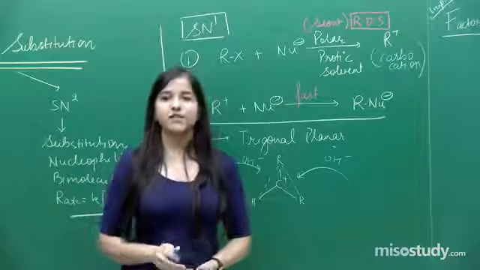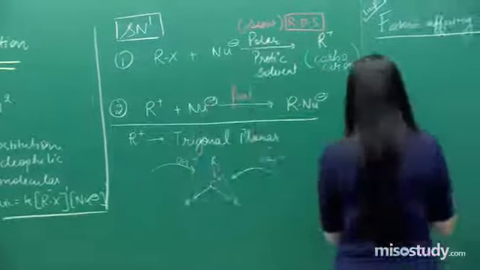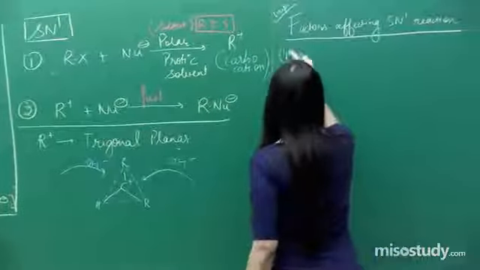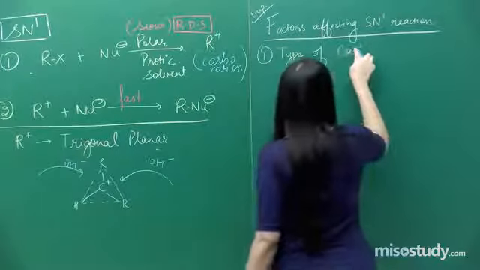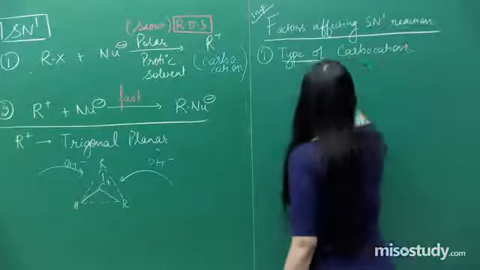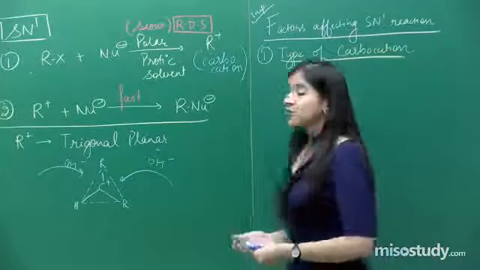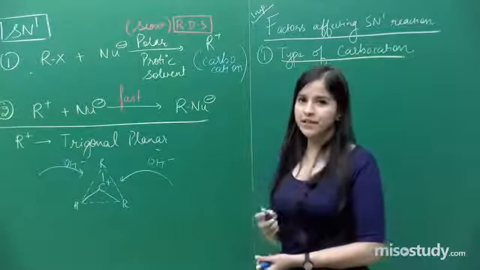So first and foremost is the type of carbocation. Let us just see. The type of carbocation, right? The more stable the carbocation, which is the most stable carbocation that we can form?